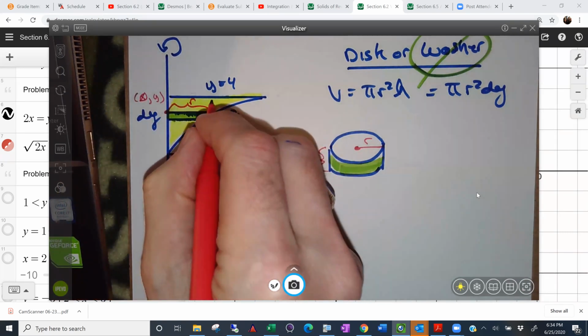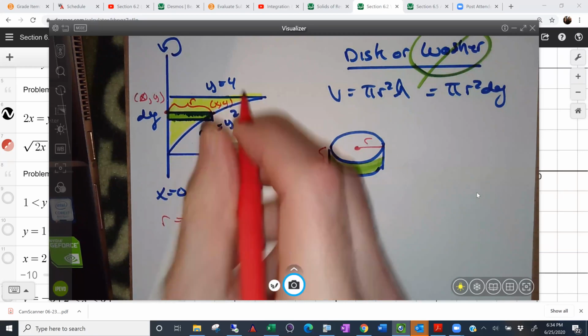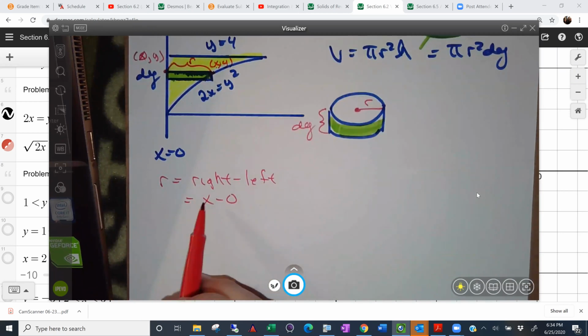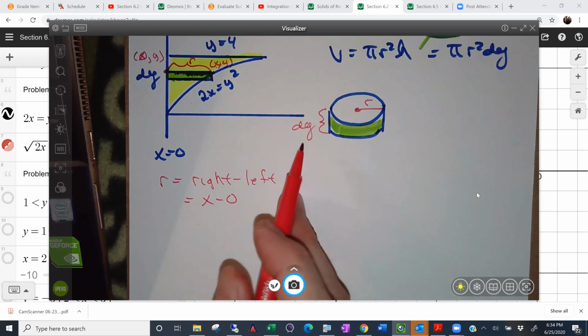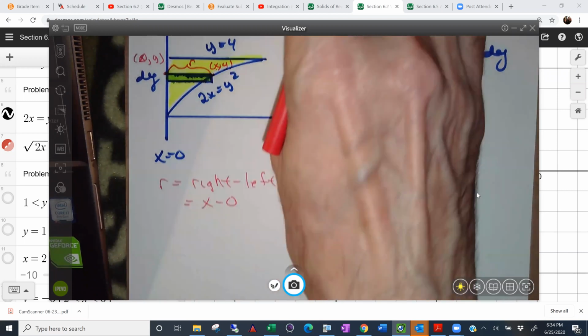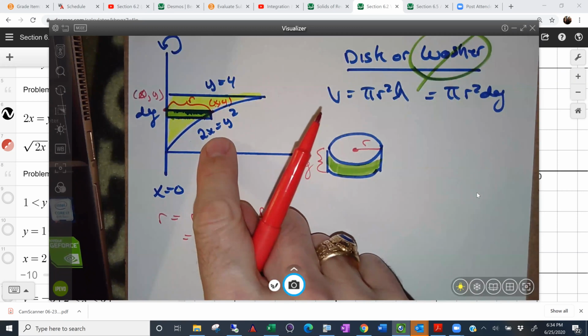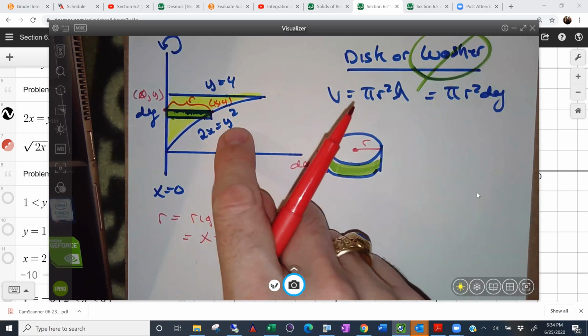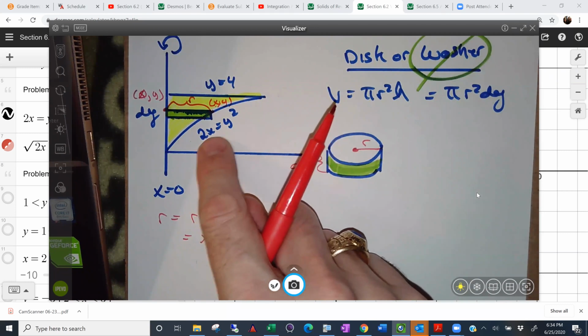This would have coordinates of x and y. So it would be x minus 0 is what you get. Of course, that's not what we want, because I want something in terms of y. That's my variable. So I've got to look up here and figure out, well, how am I going to express this in terms of y? In other words, how would you solve for y?